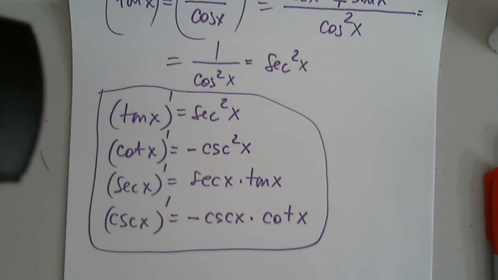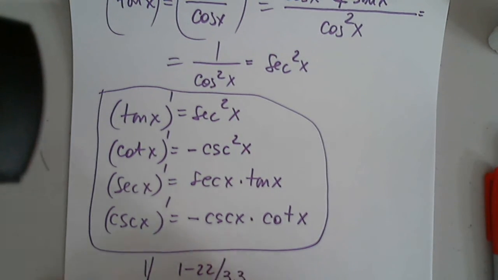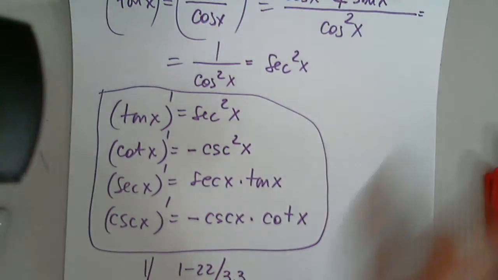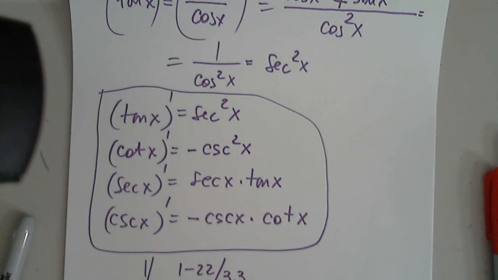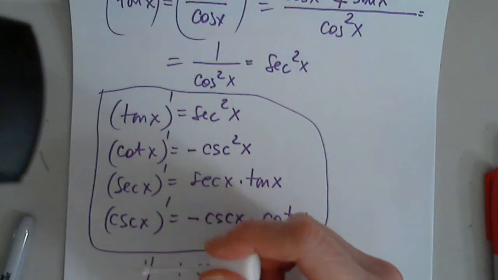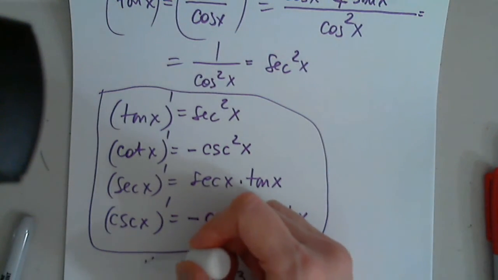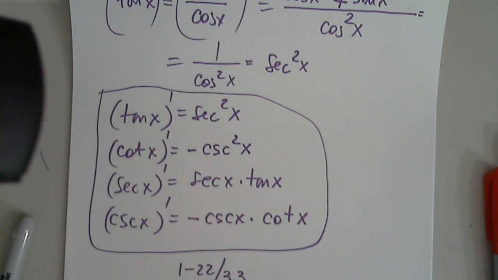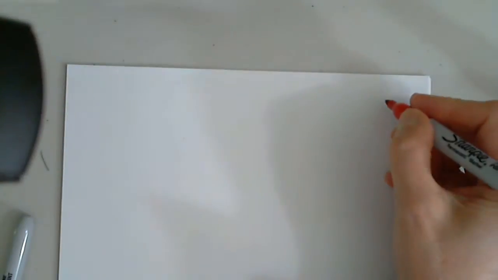So 1 through 22. Anything, please choose. 22. We want to start with 22. Perfect. So let me copy it, and then I'll stop sharing. Good.